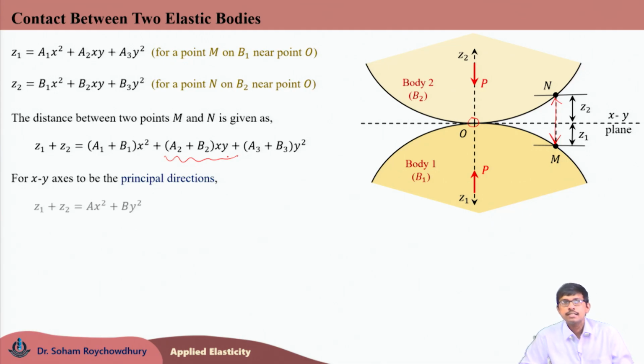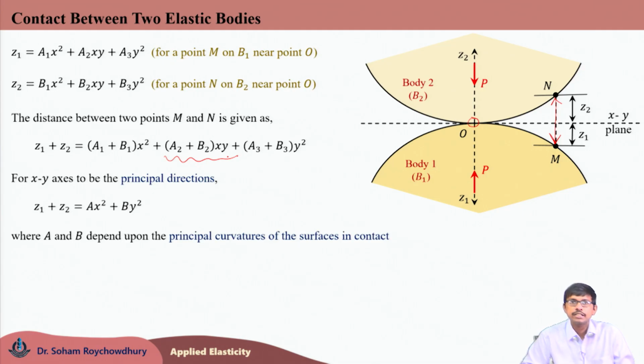So, by choosing this xy axis to be principal direction, it is possible to write this equation as z1 plus z2 equals a x square plus b y square, just two terms dependent on x square and y square, where a and b depend on the principal curvature of the surfaces coming in contact at point O. Now, this equation, if you carefully look, this is basically the equation of an ellipse.